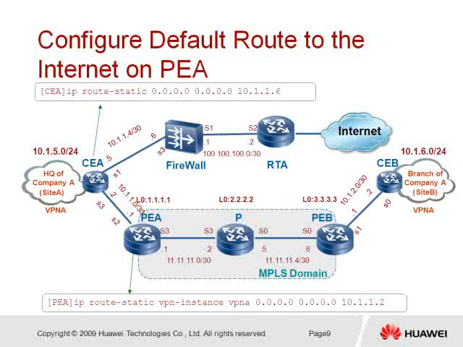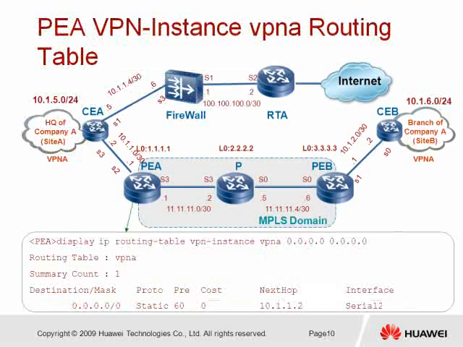After the configuration just mentioned on PEA, let's see the PEA VPN instance routing table. We use the command display ip routing-table vpn-instance VPN-A, and then we can see a default route originated by the VPN instance, and its next hop IP address is 10.1.1.2.